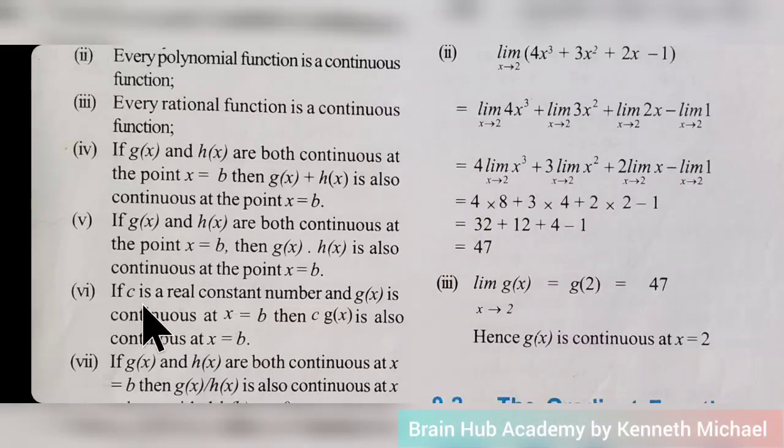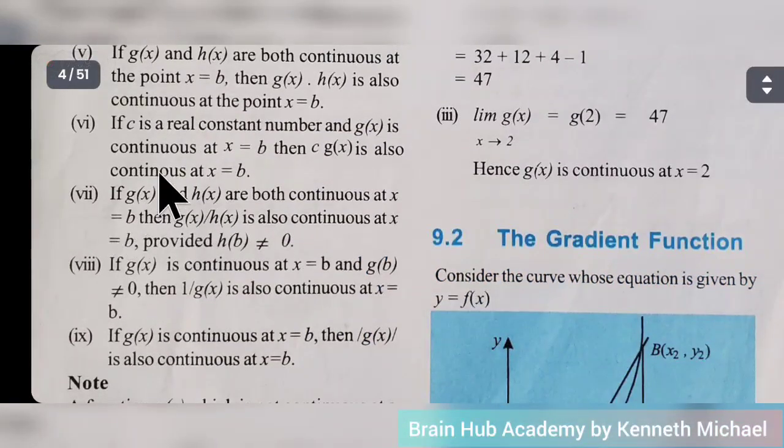So that is a constant being multiplied by a function. Also, if g of x and h of x are both continuous at x equals b, then g of x divided by h of b is continuous at x equals b.